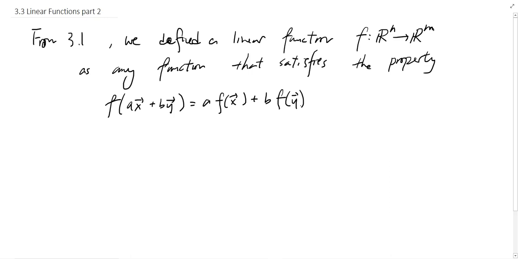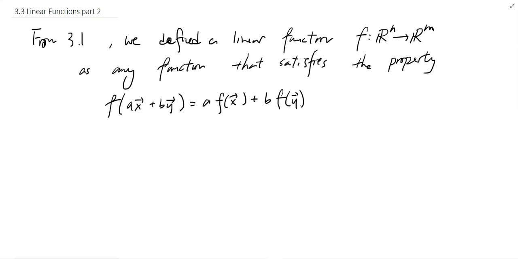So remember, the idea of a linear function is that it works perfectly with linear combinations of vectors, where when you plug a linear combination of vectors into function f, you can actually instead perform the function on the individual vectors, then form the same linear combination.